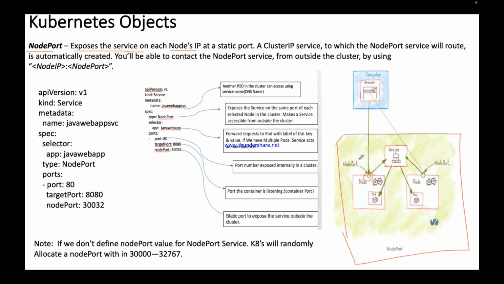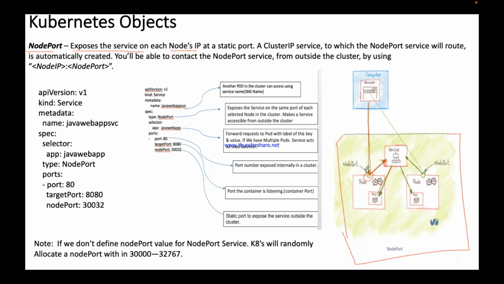Then the request goes to that node, that server, on that node port. From that node port, the request goes to the service, and from that service, it goes to the pod.